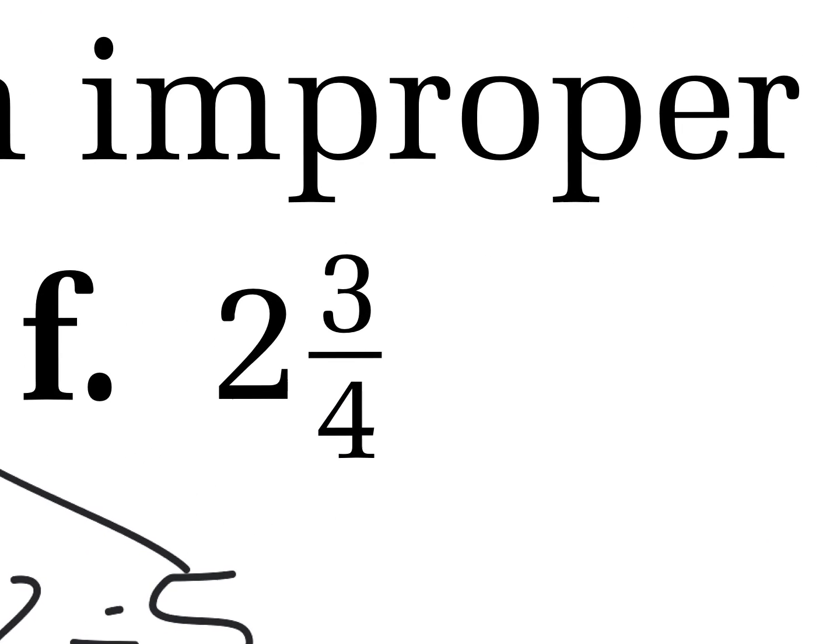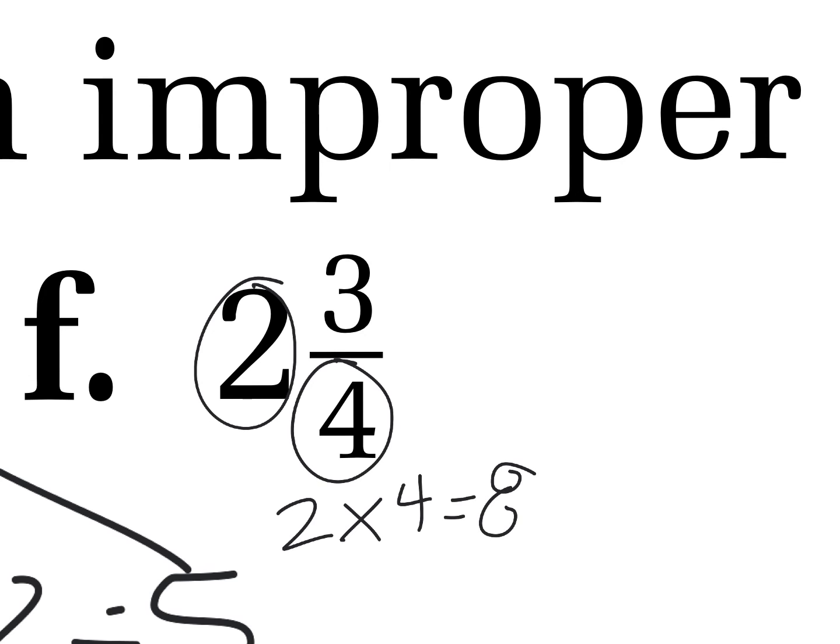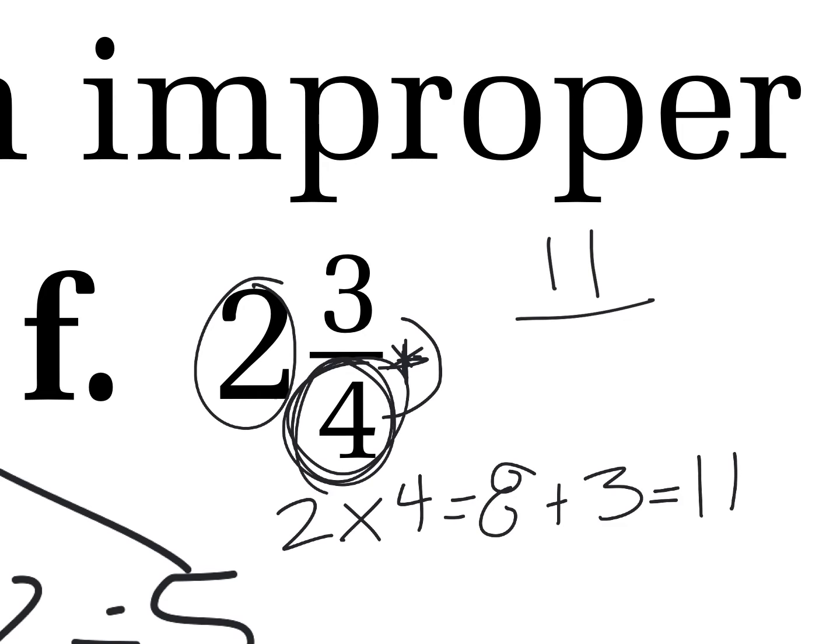Alright, so here, let's try my way. I'm going to multiply the whole number by the denominator. So 2 times 4 gives me 8. Then I'm going to add the 3, which gives me 11. So my numerator is going to be 11, and my denominator is going to be 4. 11 fourths.